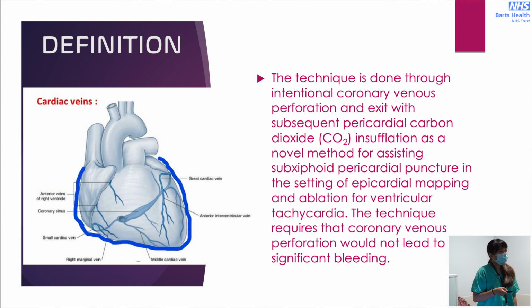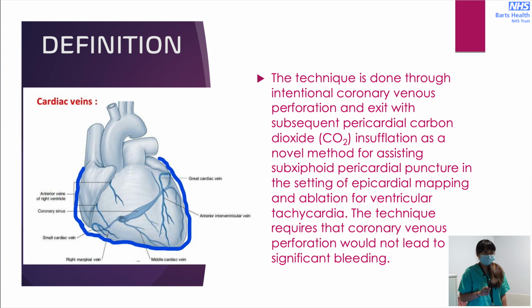You would puncture a cardiac vein, exit it, and then access the pericardial cavity in order to inject the carbon dioxide. This is to assist the subxiphoid pericardial puncture in the setting of epicardial mapping and ablation for VT. The technique requires that coronary venous perforation does not lead to significant bleeding.